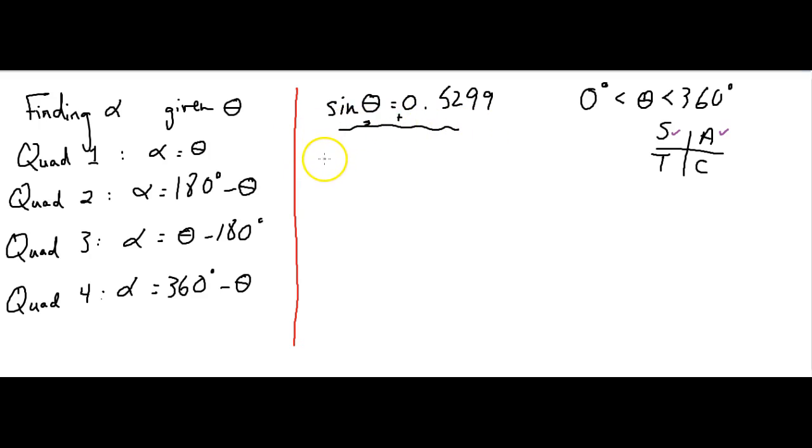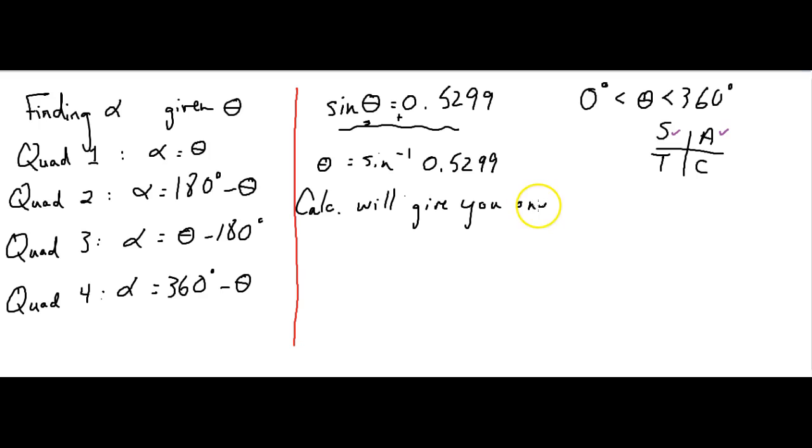So solving for theta. Theta equals sine inverse of 0.5299. Get your calculator for practice. Find out what angle that is. Just round it to a whole number. And you will have one of 2 answers. So the calculator will give you one answer.